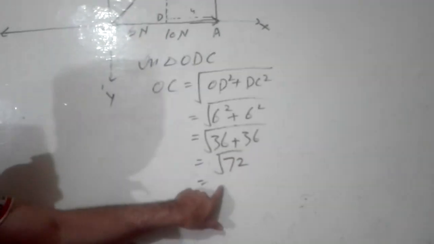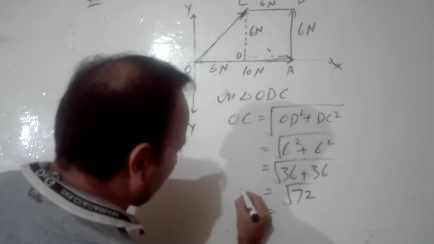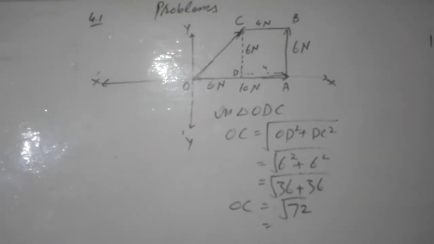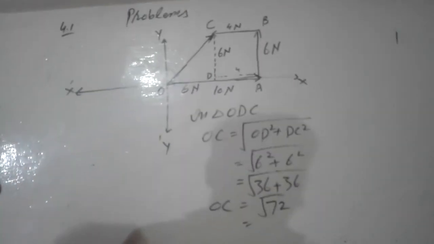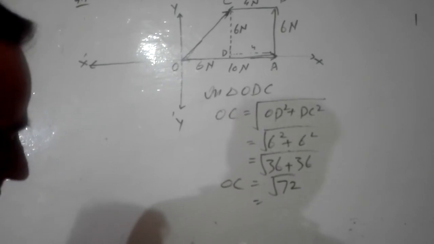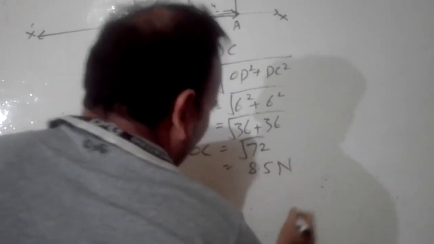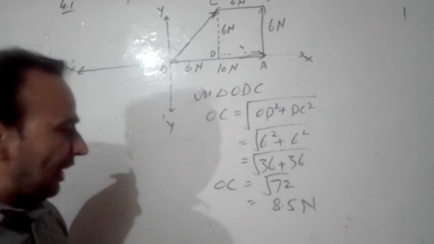Now you are allowed to use the calculator and find the resultant force OC. Find the square root of this and you will find 8.5 Newton. So use your calculator and find the square root of 72. The answer will be 8.5 Newton.